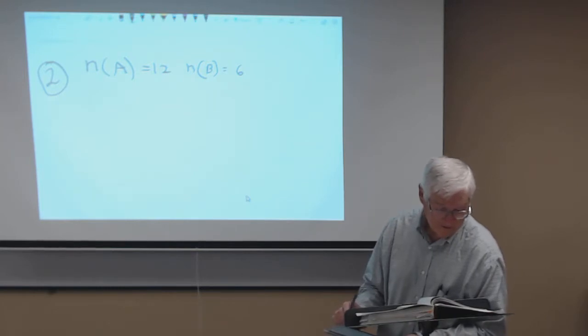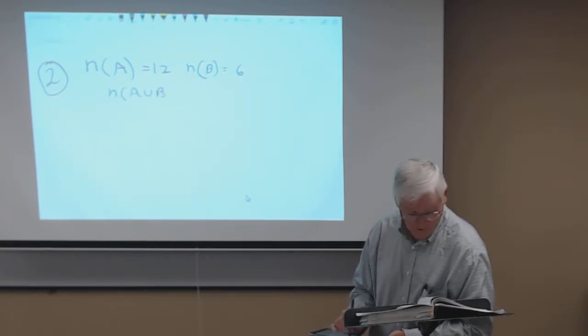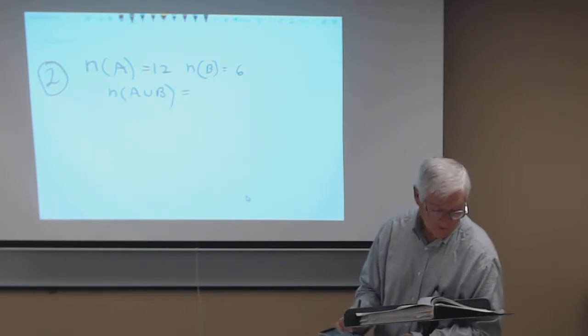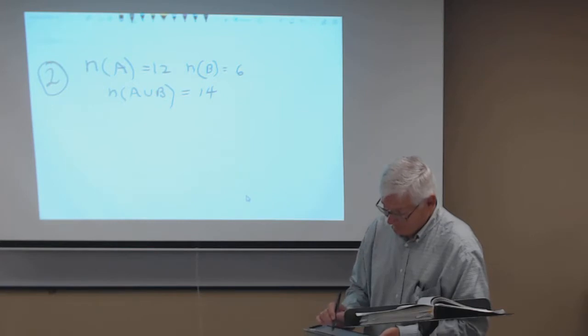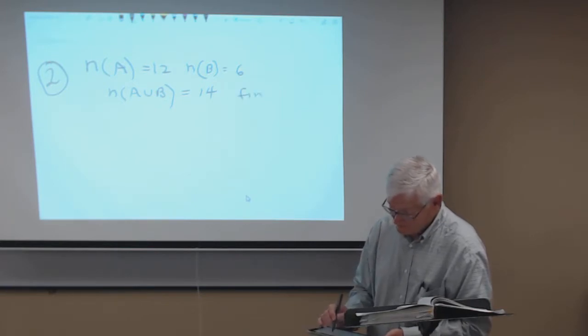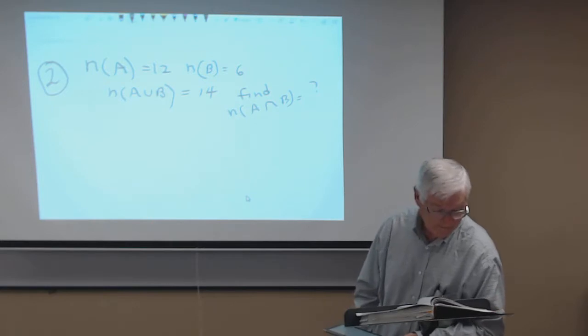And the number of elements in A union B is 14. And find the number of elements in A intersect B. That's the question mark. That's what we're trying to find.